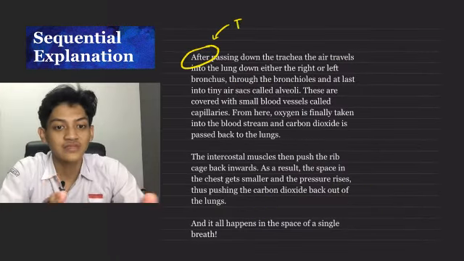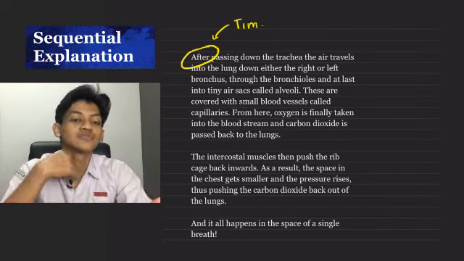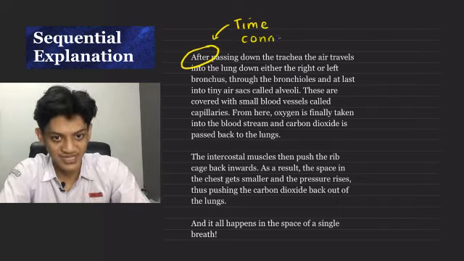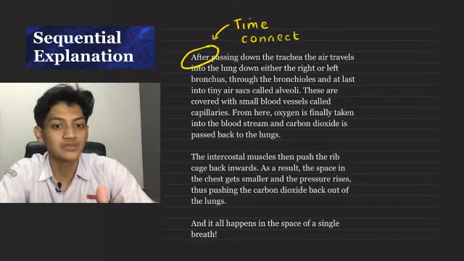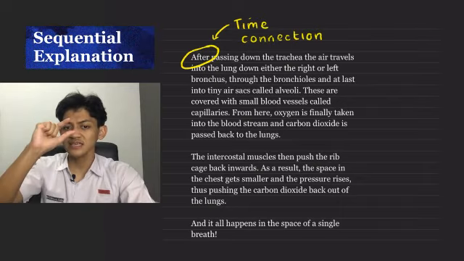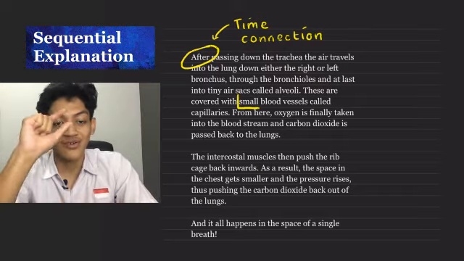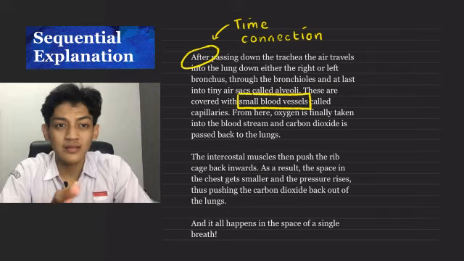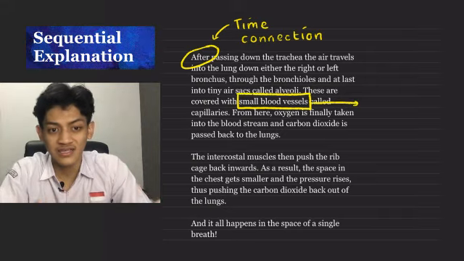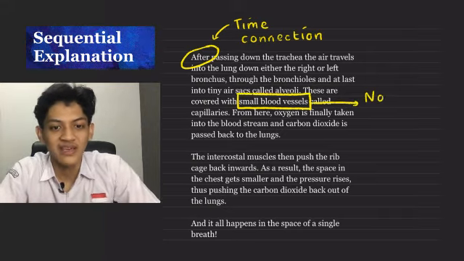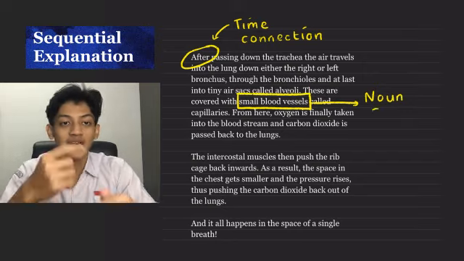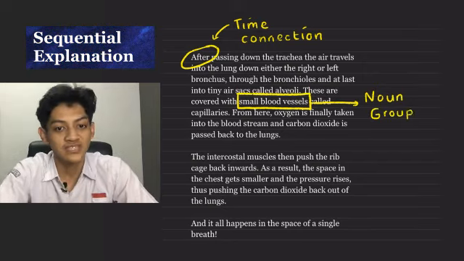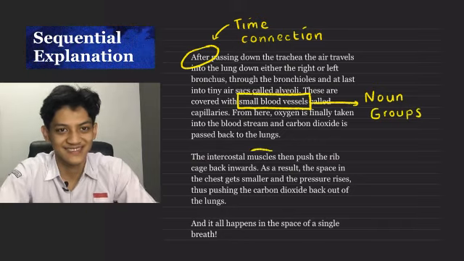After passing down the trachea, the air travels into the lungs down either to the right or left bronchus, and then through the bronchioles, at the last into tiny air sacs called alveoli. These are covered by small blood vessels called capillaries. From here, the oxygen is finally taken into the bloodstream, and the carbon dioxide is passed back to the lungs.